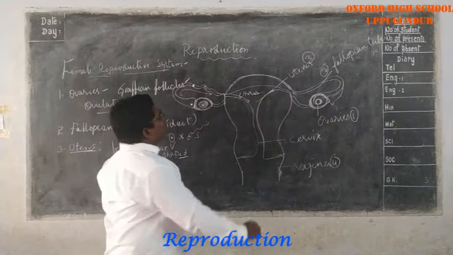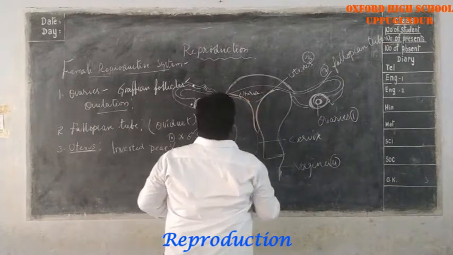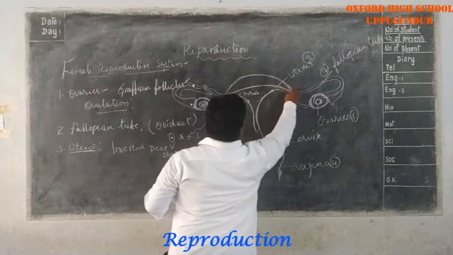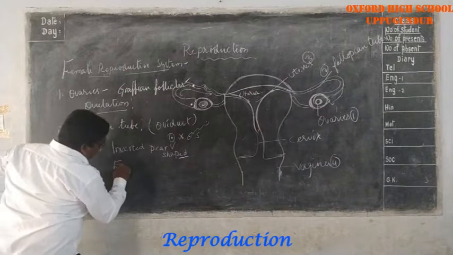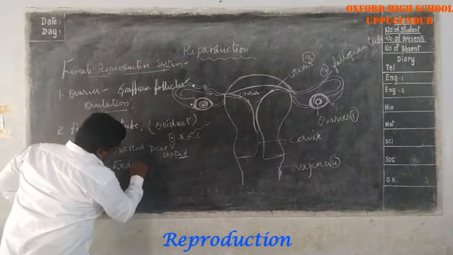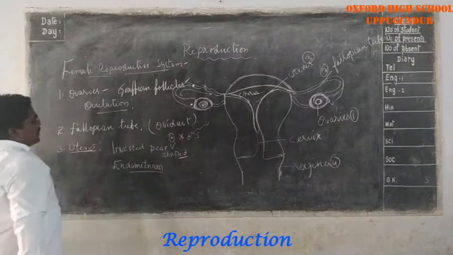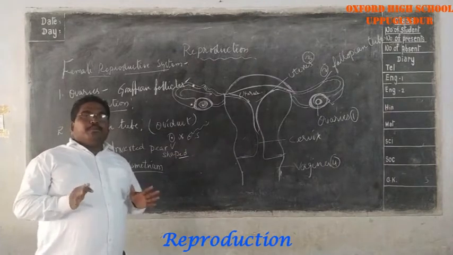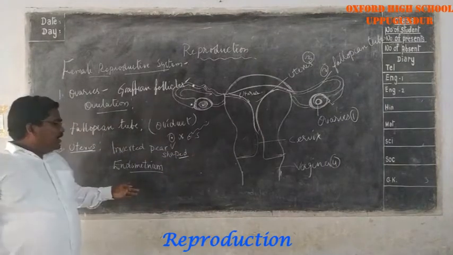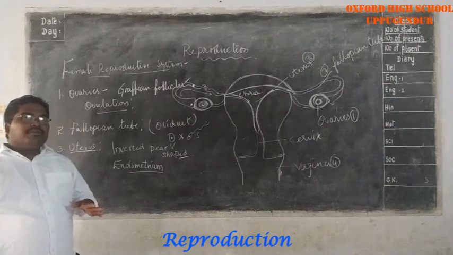This is the uterus. The inner layer of the uterus is called the endometrium. Very, very important. The inner layer of the uterus is called the endometrium.